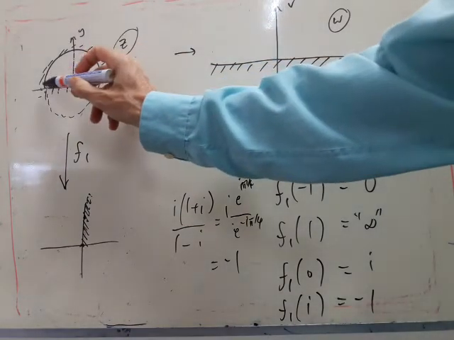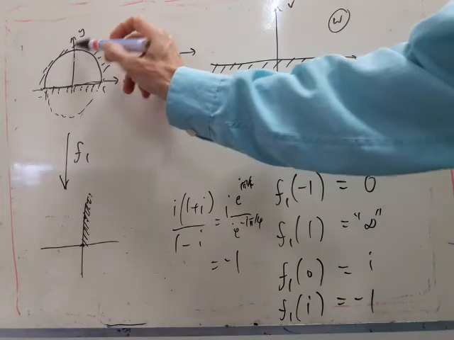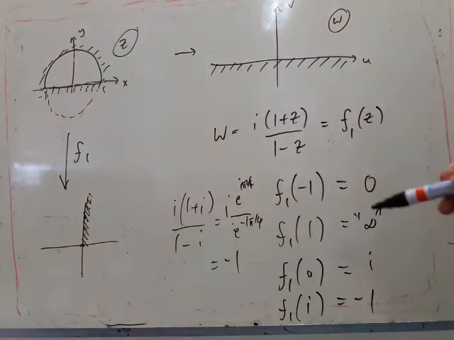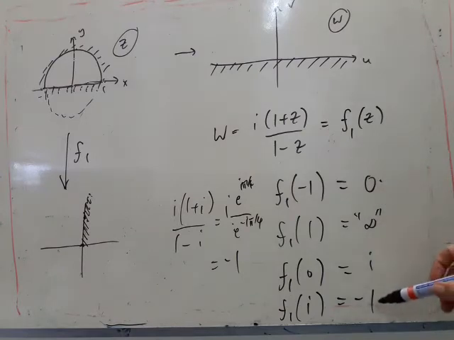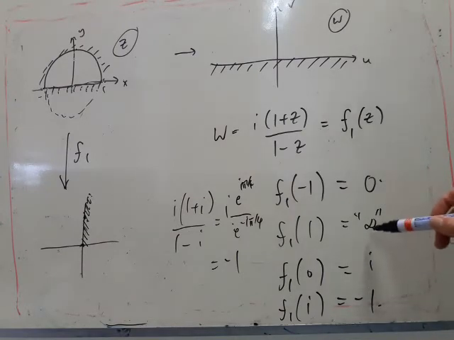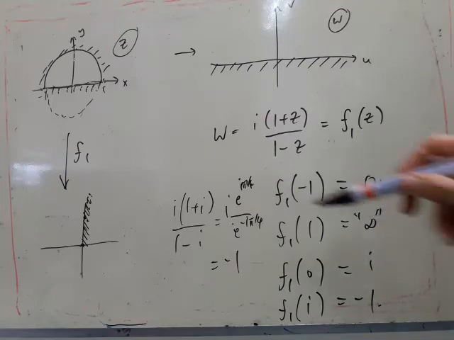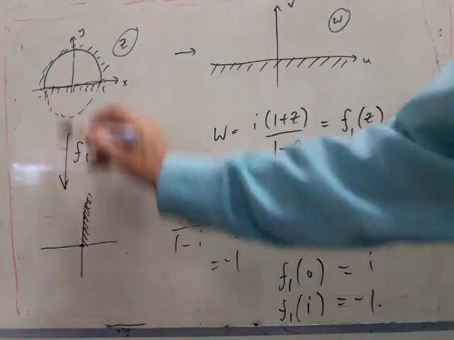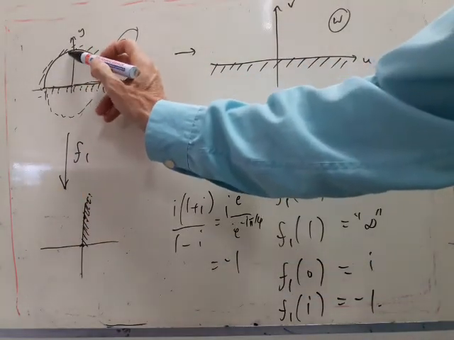So these 3 points, minus 1, i, 1, get mapped to the points 0, minus 1, and the point at infinity. Okay, so minus 1 maps to 0, and then I go around here, and I don't want the stuff to the left.